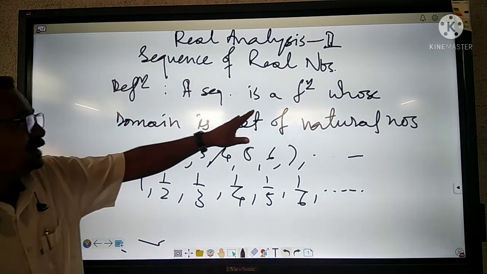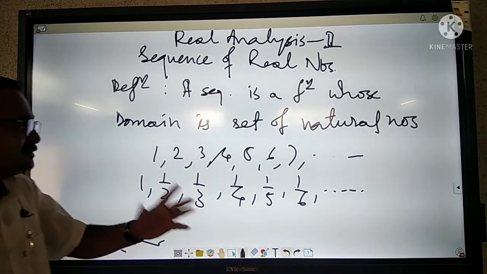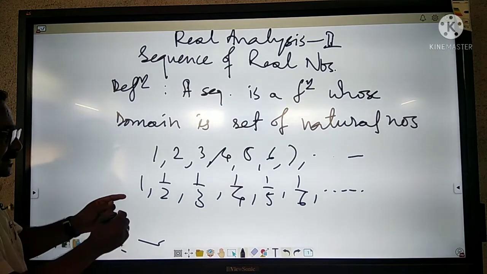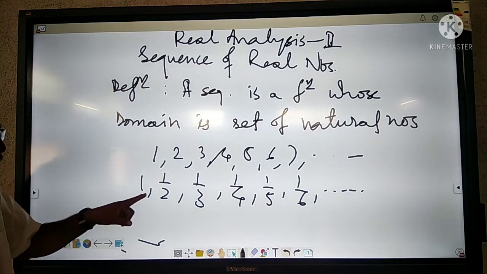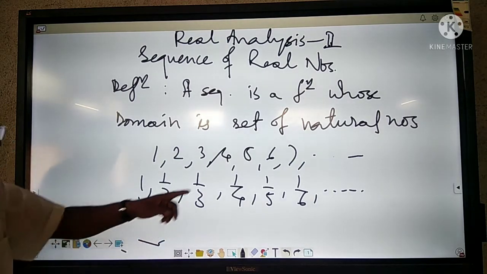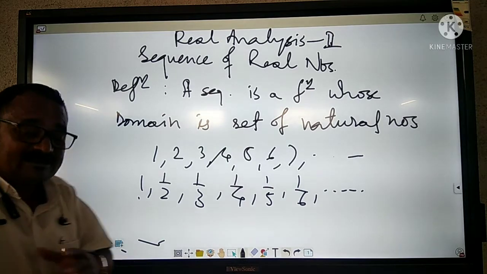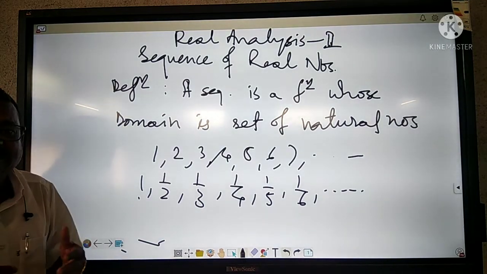A sequence is a function whose domain is the set of natural numbers, which means that the first term of this sequence is 1, the second term is 1 by 2, the third term is 1 by 3, the fourth term is 1 by 4, etc. First, second, third, fourth: these are the natural numbers.